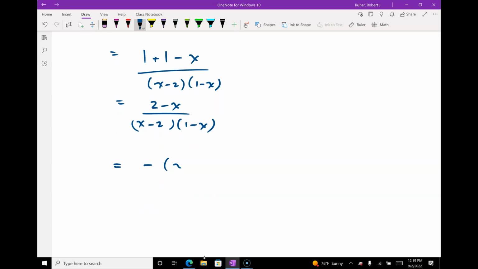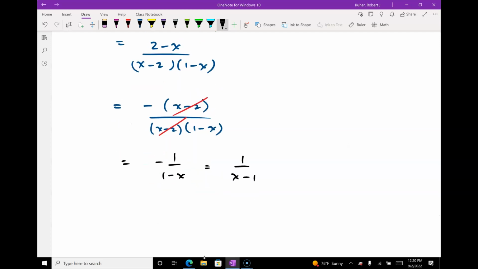Yeah, take out a negative upstairs, and then I get a factor of x minus 2 in the numerator and the denominator that cancel. So I get my replacement function of 1 over 1 minus x. And of course, I can make that even prettier by putting that negative into the denominator. This is the slope of the secant function when x is not 2.